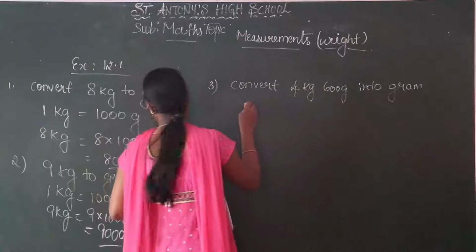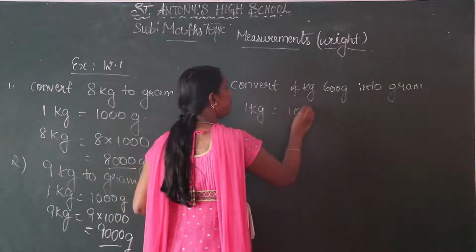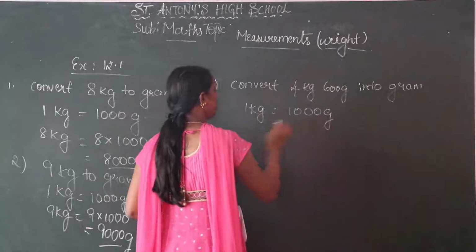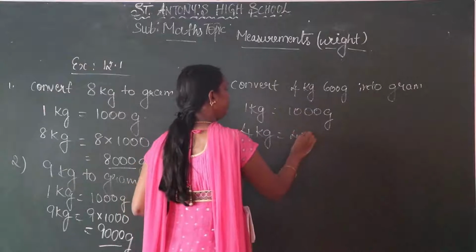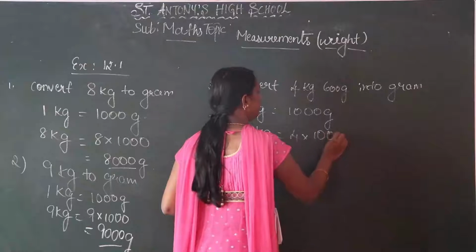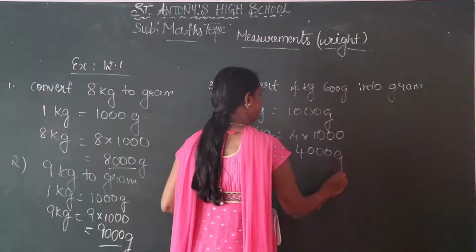First we have to write. We know that 1 kg is equal to 1000 gram. 4 kg is equal to 4 into 1000. So it becomes 4000 grams.